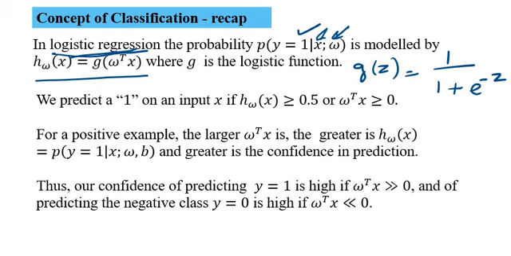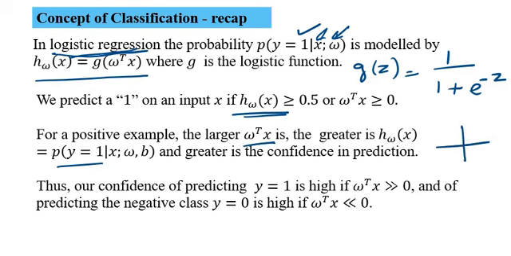So we predict the 1 on an input x if this h_w(x) value is greater than 0.5 or the w^T x is greater than 0. For a positive example, the larger w^T x is, the greater is h_w(x) and the greater the probability, and our confidence of prediction also becomes higher.